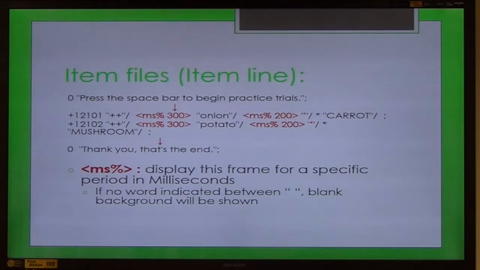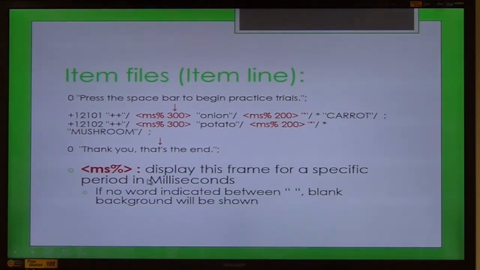But in your item lines, during each frame, you can still individualize how long you want to present the specific frame. So, for example, if you want to present onion for only 300 milliseconds, then you type ms percent and then 300.